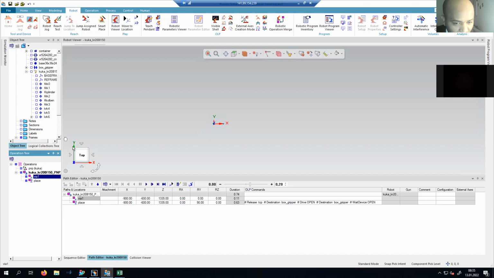So global reference frame goes to VR, from VR goes to place, okay.